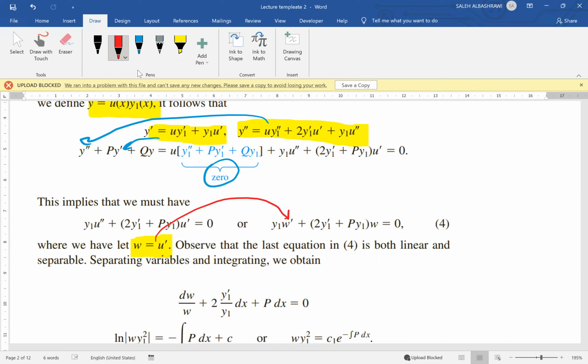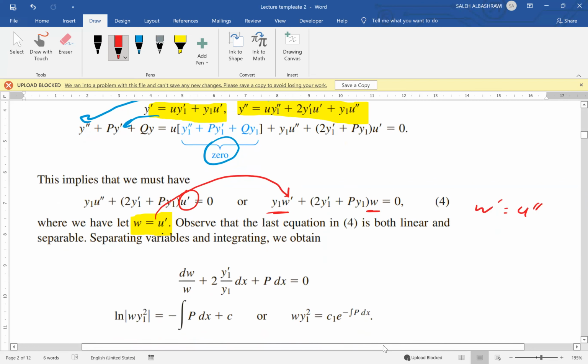Using this substitution, w equal to u prime, then w prime will be u double prime. But that will give me the first order equation, equal to 0, which is a homogeneous equation now.